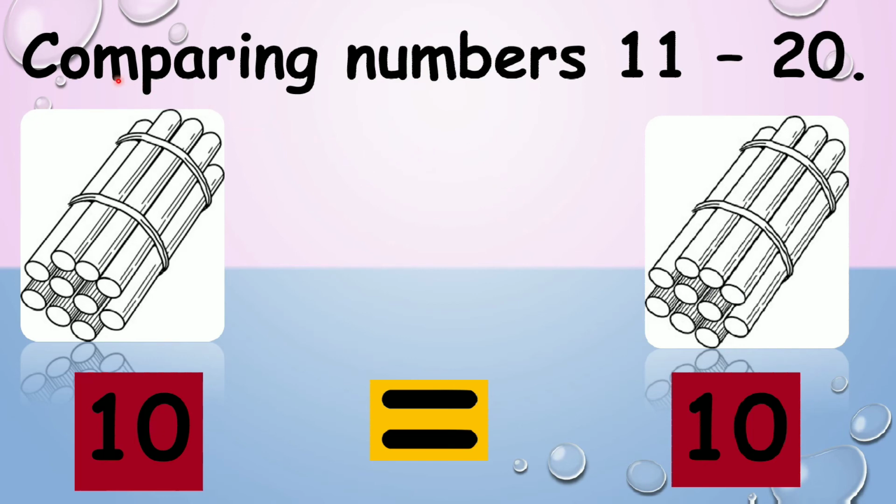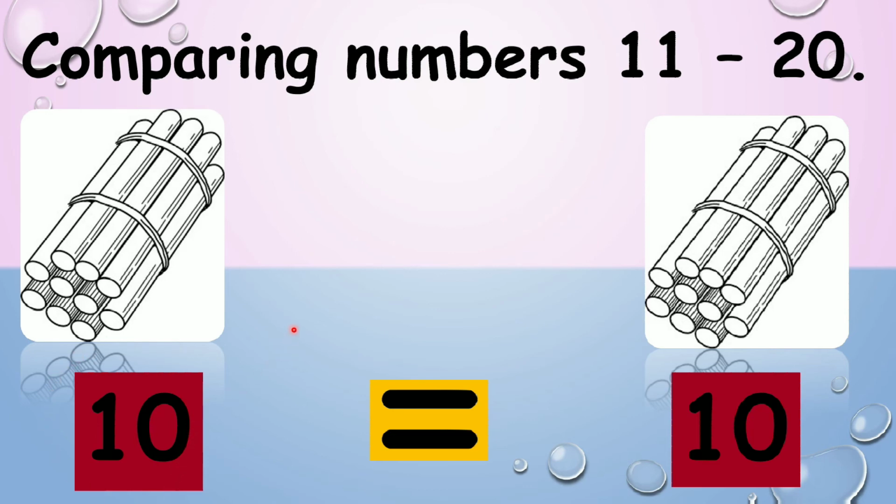Now we are going to see comparing numbers 11 to 20. But in this case, we have started with the number 10 because the number 10 is also a double digit number and it's the lowest double digit number.